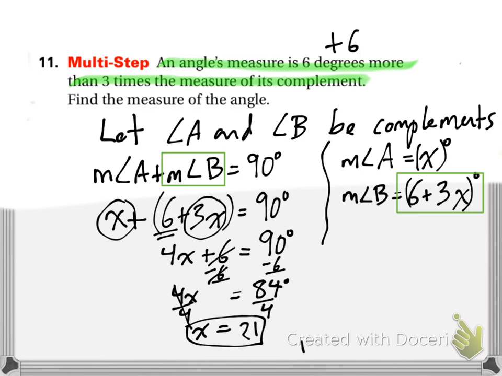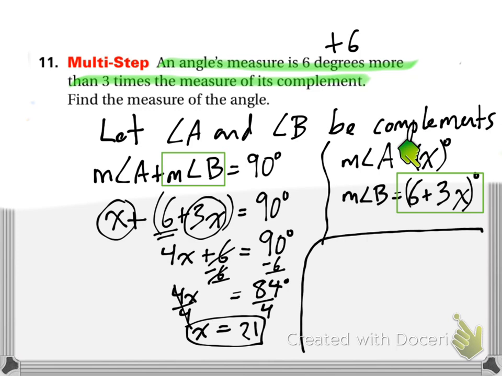Okay, so let's mark off some territory for our last part, the grand finale. Here we go. We need to answer the question, and that was: find the measure of the angle. An angle's measure. So essentially, we should go ahead and plug them back in.